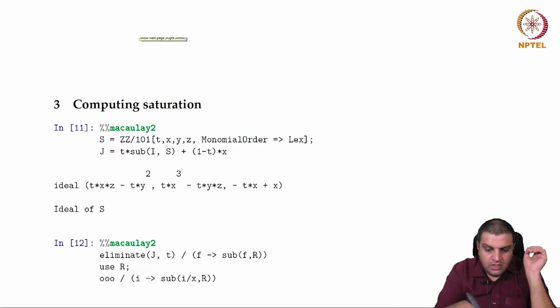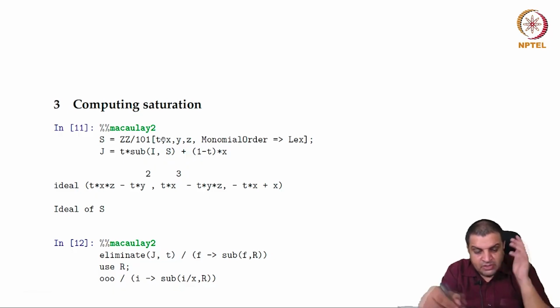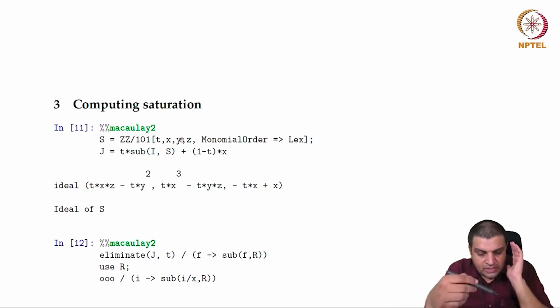Let's illustrate that. So now we construct this larger ring T x y z. Monomial order gets Lex because we wanted to use it for elimination, and then we just take T times. So we need to use a sub command. If you have the same set of symbols, variables like x, y, z, both in R and in S, then if you just write sub I comma s, it would just extend the ideal and treat x, y, z as elements of S. Okay, so please look it up; sub is for substitute.